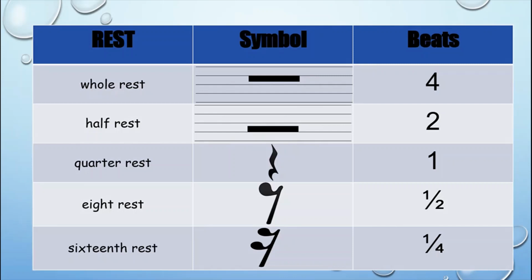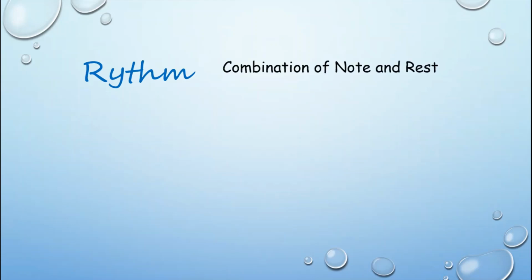We're going now to discuss the rhythmic patterns and meters. When we say rhythmic patterns, it talks about rhythm, patterns, beats, meters. To identify that, we're going first to identify its meaning. When we say rhythm, it's a combination of note and rest.